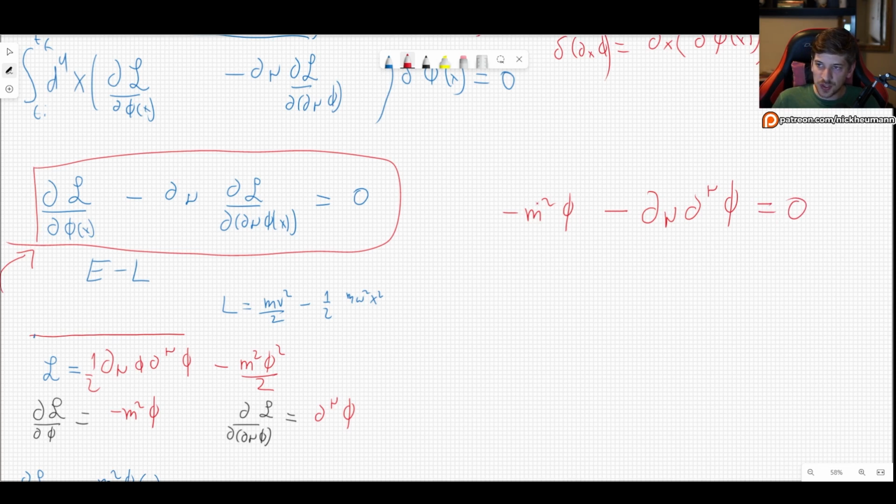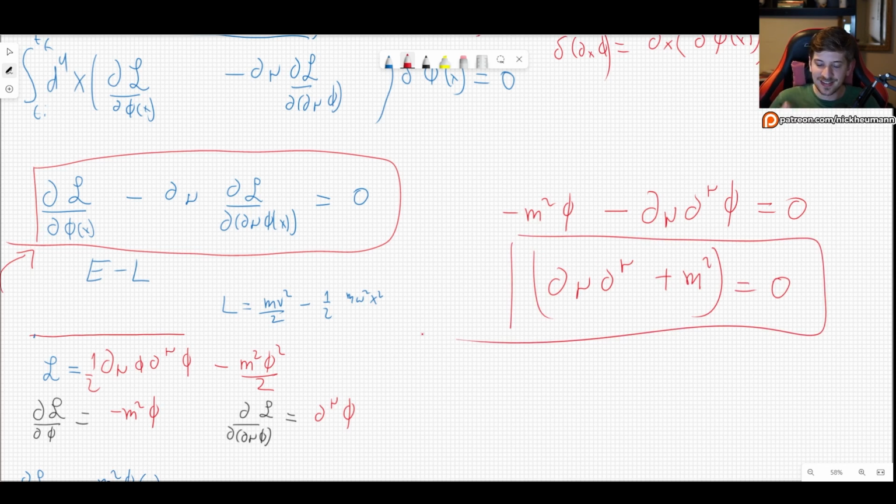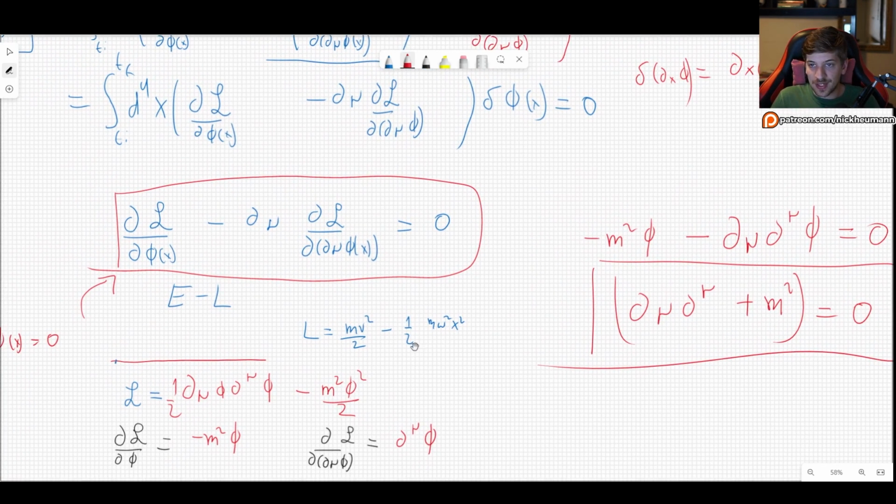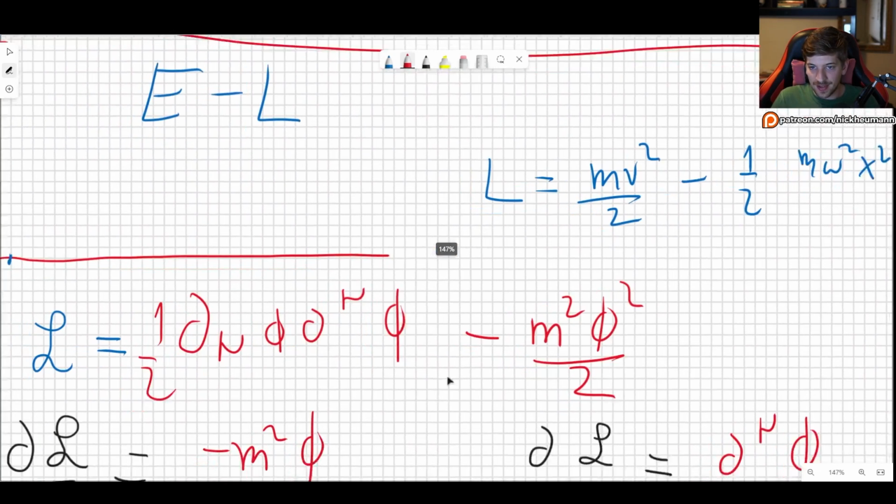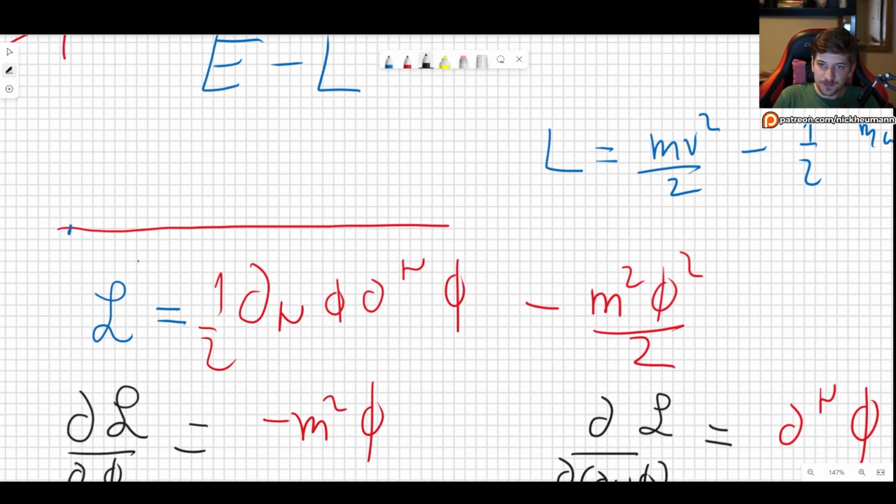So now we can just factor out a minus sign and rearrange this, and we get (∂_μ∂^μ plus m squared) φ equal to 0. And this is precisely the Klein-Gordon equation. So we have just indeed shown that the Lagrangian density for the Klein-Gordon equation is indeed this thing that we have found right there.